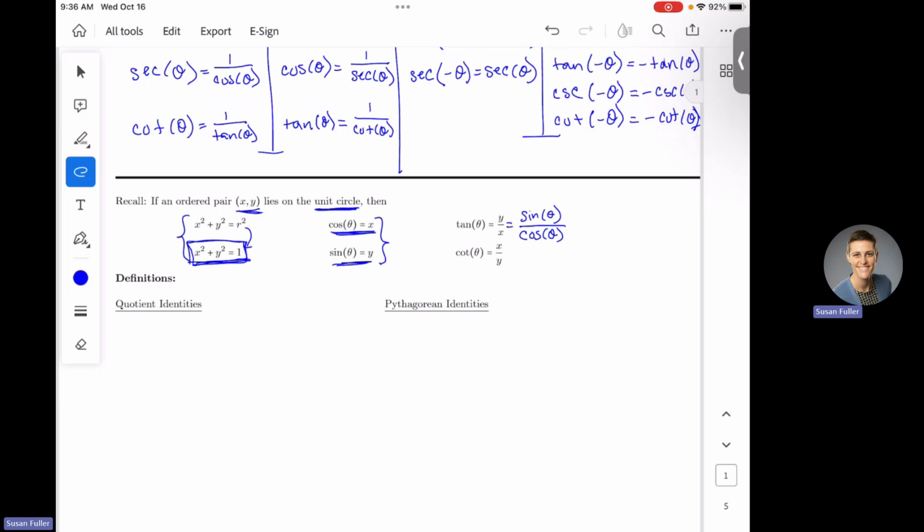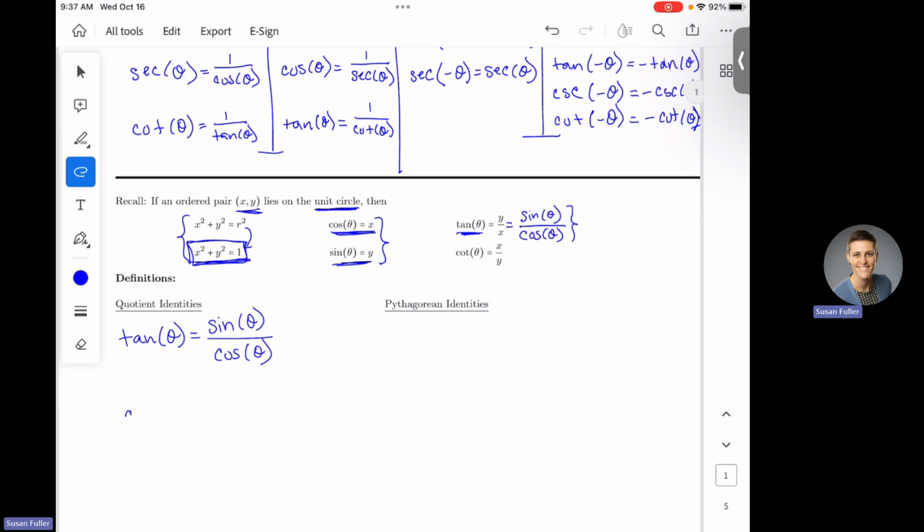And what we've just done is created a quotient identity. Tangent of theta is equal to sine of theta divided by cosine of theta. That's our first quotient identity, and it comes directly from the way that the unit circle works, right? So we can do that directly from the unit circle.